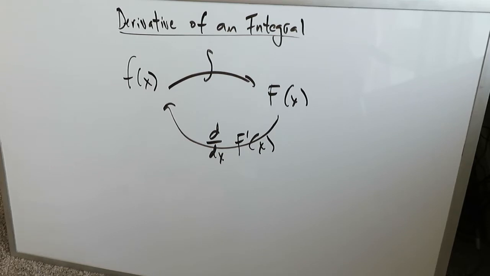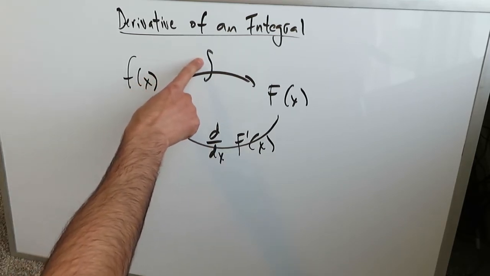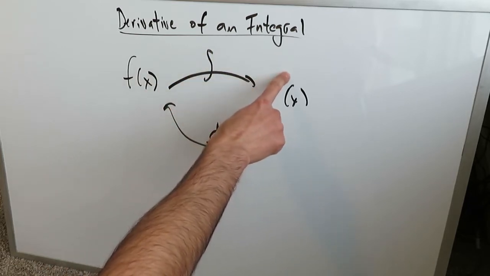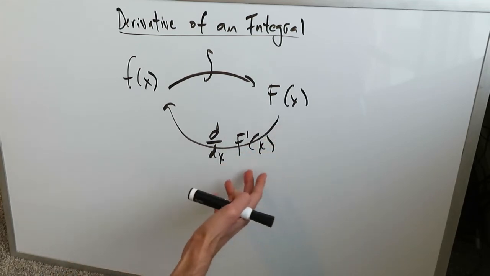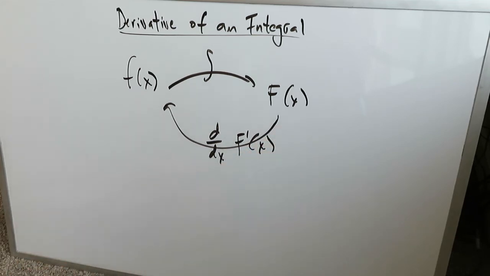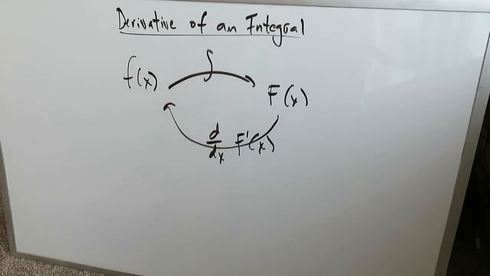Sometimes it's not easy at all when you have an original function to even find an integral and arrive at this step, let alone take this step and work backwards by finding the derivative of your antiderivative and going back to the original function. Sometimes this part over here is difficult to even perform, because sometimes seemingly easy looking functions are very difficult to integrate.